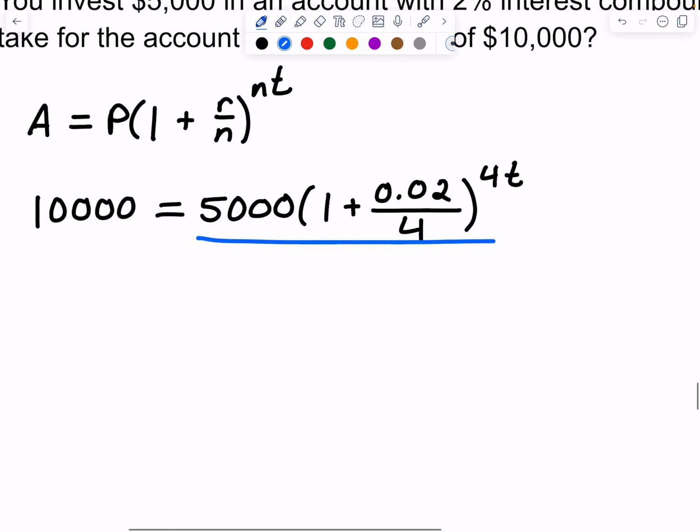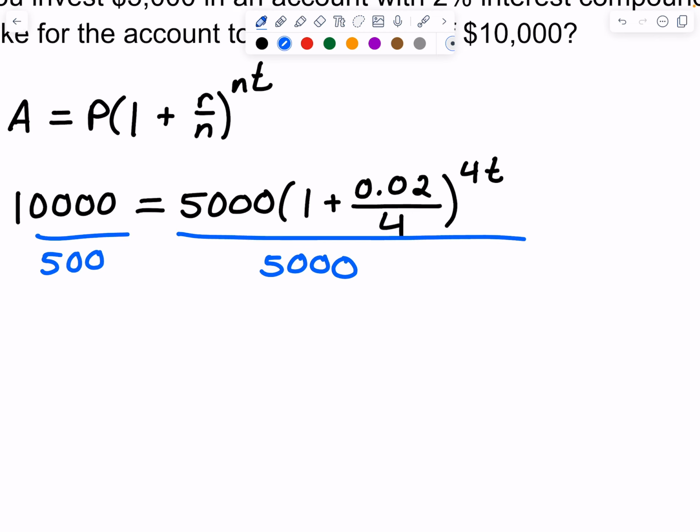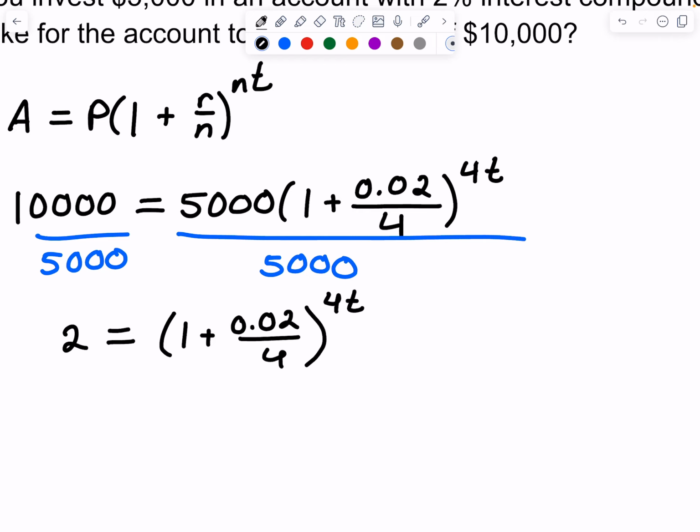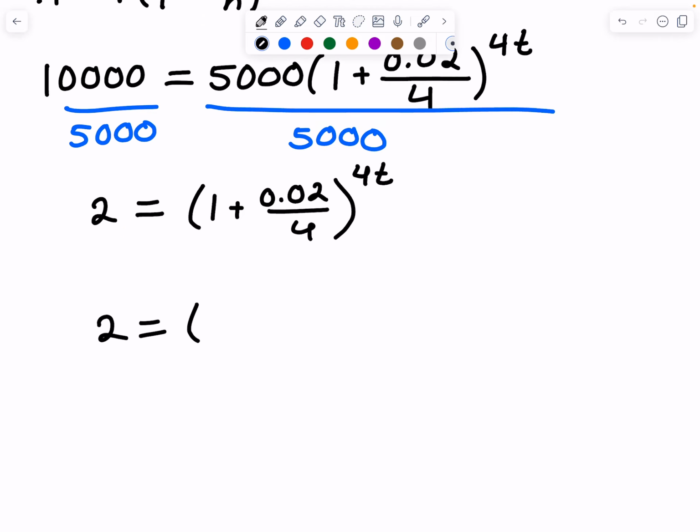First thing I'm going to do is divide by 5,000. And I get 2 is equal to (1 plus 0.02 over 4) to the power of 4t. And I can really simplify that. That's just 1.005.